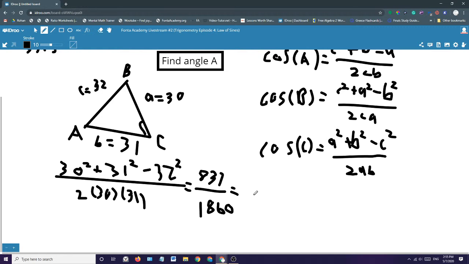So 837 over 860, which is 9 over 20. And we want the inverse cosine of 9 over 20, which is equal to 63 degrees.